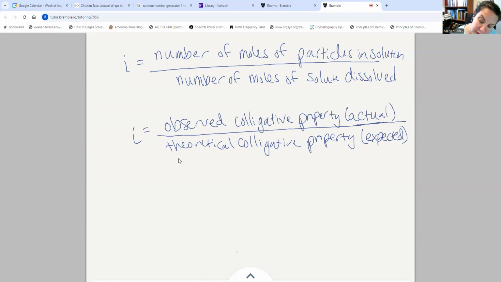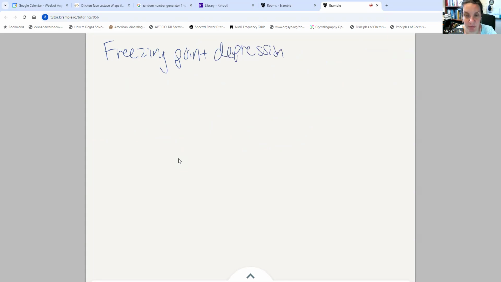Okay, going back into more colligative properties, we also have freezing point depression. So this is the decreasing of the freezing point. I like to think about colligative properties as just increasing the liquid phase of a solvent. We decrease the freezing point, we increase the boiling point, so we have a much larger liquid phase.